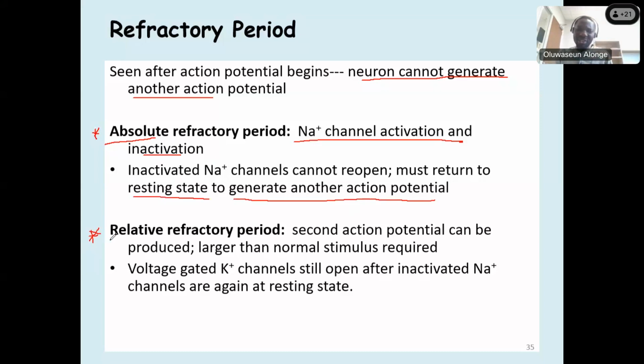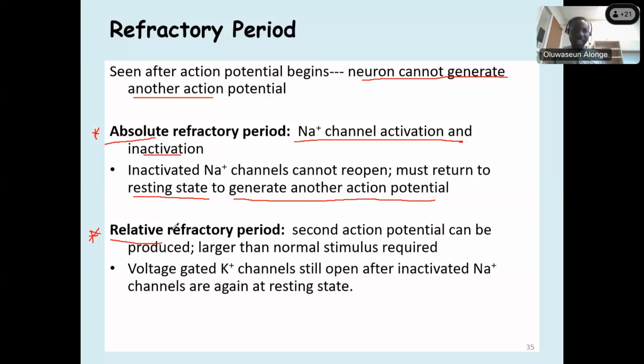Now, there's another kind of refractory period that is called relative. Now, the relative is this. Reverse the scenario I used earlier. Let's say I step on a needle, then I step on a nail. Now, I'm going to forget the needle because the needle is nothing compared to the nail.